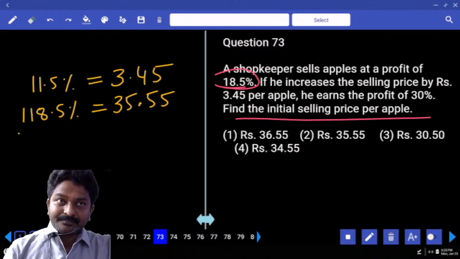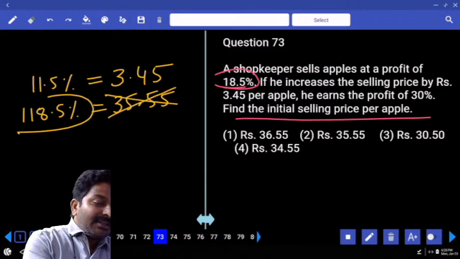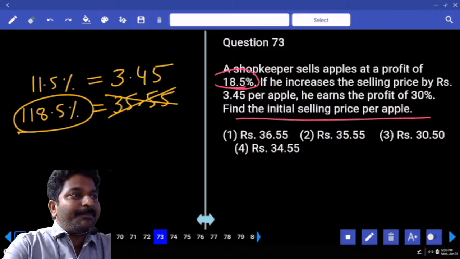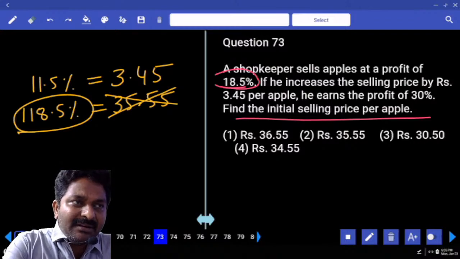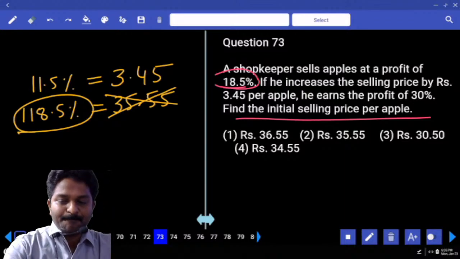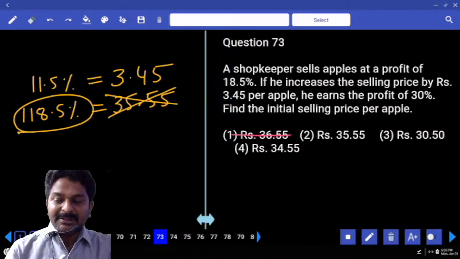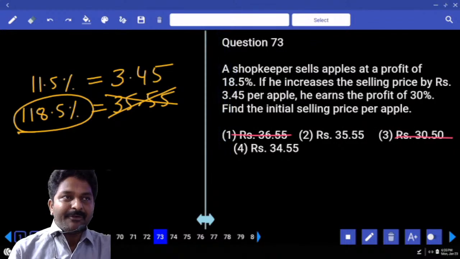Or forget this, just look at 118.5. Is it a 3 multiple? Then the answer also must be a 3 multiple. Can it be the first option? No. Second option? Yes. Third option? No. Fourth option?